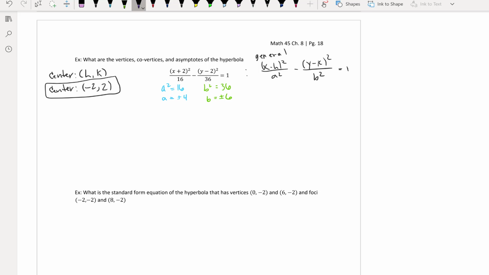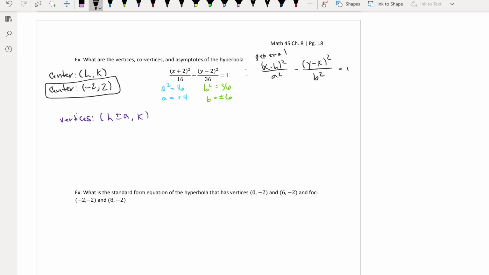So if they're looking for the vertices, if you're looking at that equation, since it's not centered at 0, I have h plus or minus a comma k. So that tells me that my k value is fixed.